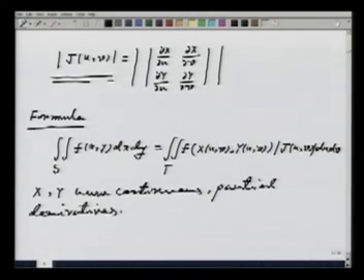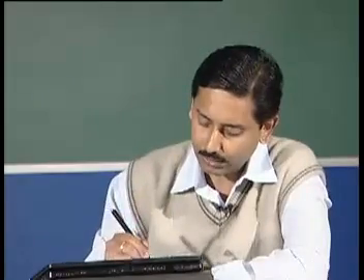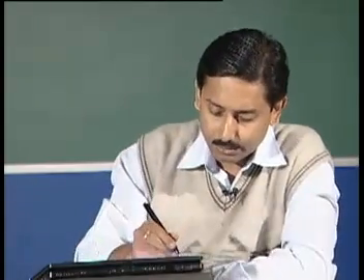Otherwise, the mod J(u,v) won't make sense. So for any arbitrary kind of transformation, I cannot work. The condition on the transformation is that the partial derivatives exist and they are continuous. Now, based on this formula, let me try to look at an example.